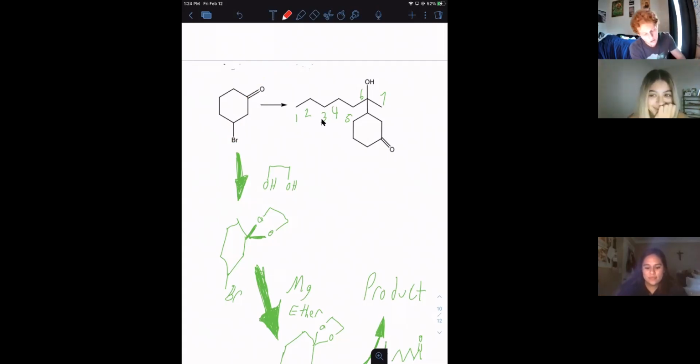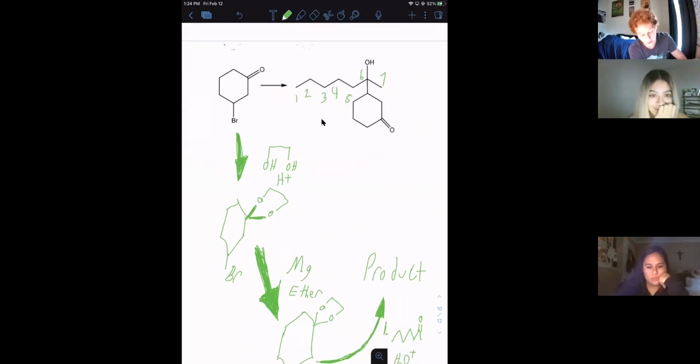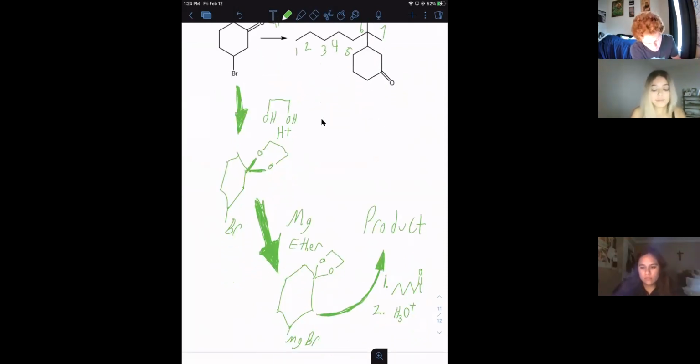So yeah, you want to use acid with these. Acid is how you actually start that reaction. That's the first part of that reaction, the formation of this. But from here you just do magnesium and ether, and that creates your Grignard reagent.